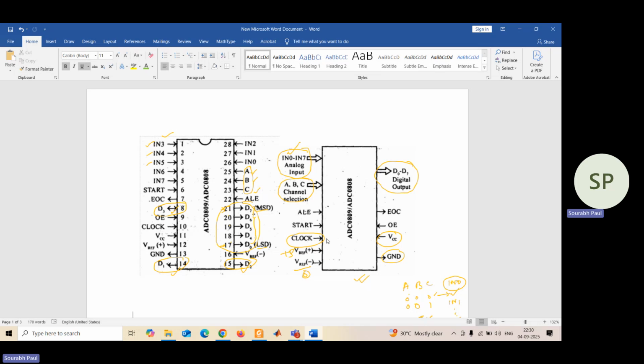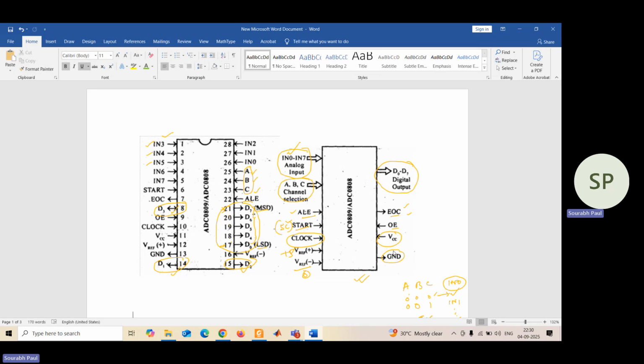Other than that, 4 important pins are there: EOC, end of conversion; OE, output enable; ALE, address latch enable; and START, or sometimes it is called SC, start conversion. In many books you will find it given as SC, which stands for start conversion. Now, what are the functions of these four pins?